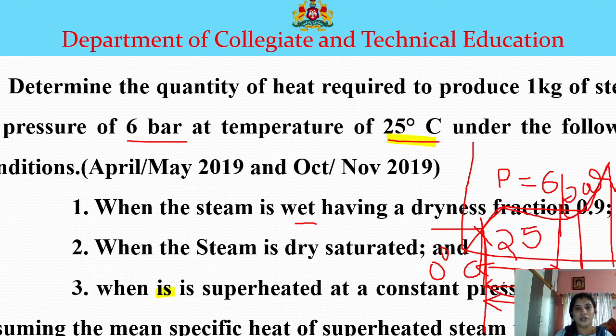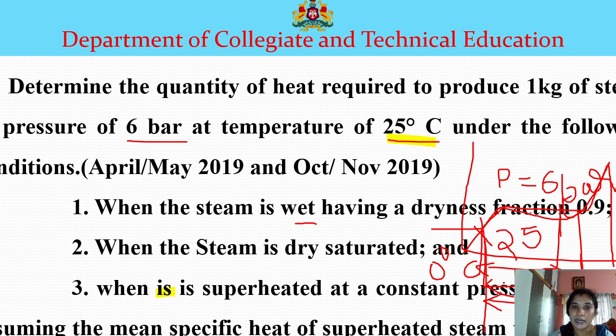So let us try to recall the problem once again. In this particular problem, they had given 1 kg of steam at pressure 6 bar and temperature 25 degrees Celsius. They had given 3 conditions. We need to find out the enthalpy when the steam is in wet condition and dryness is 0.9. Second one, when the steam is completely dry. The third condition, when the steam is in a superheated condition, when the T superheated is 250 degrees Celsius.